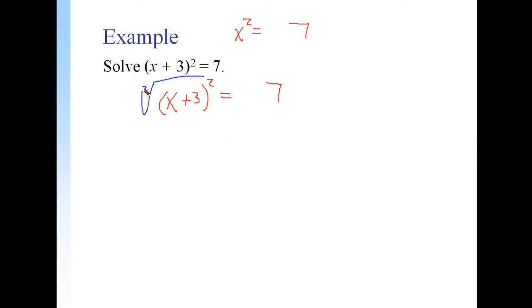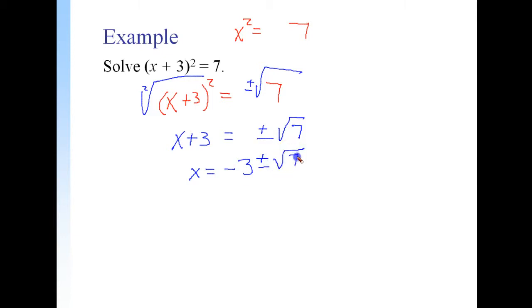Remember, this index number is now 2, and that's 2, so this just becomes the radicand. And we do the plus or minus square root of the other side there. And now what is x? Well, x by itself, we have to transpose the positive 3 to the other side as a negative 3 plus or minus the square root of 7.